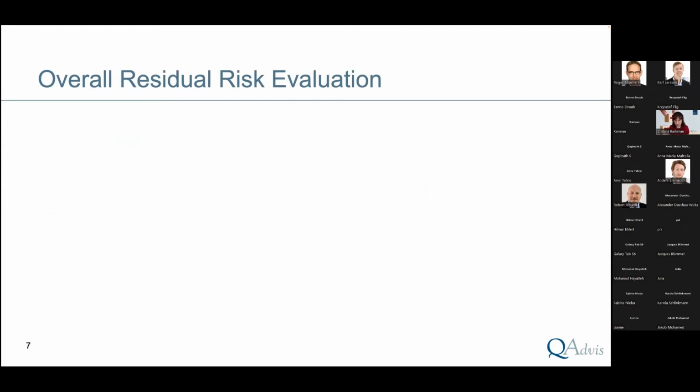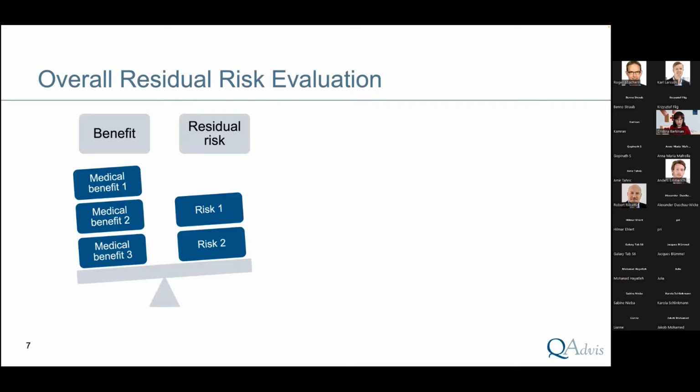The previous version of the standard provided a two-step approach in which first the residual risk was evaluated against the acceptability criteria, and if the overall residual risk was not judged acceptable, then the manufacturer could gather data and literature to determine if the benefits of using the medical device would outweigh the overall residual risk.